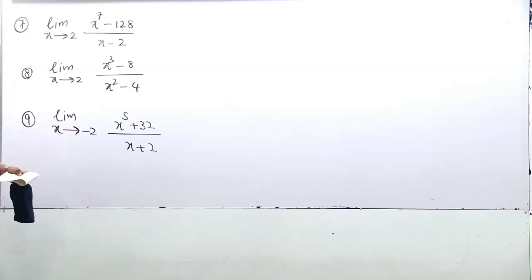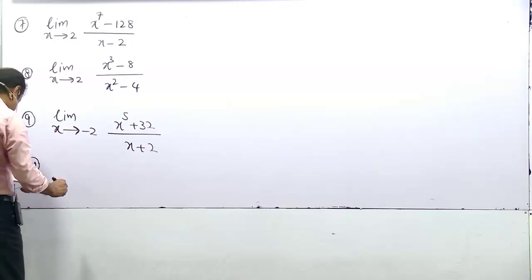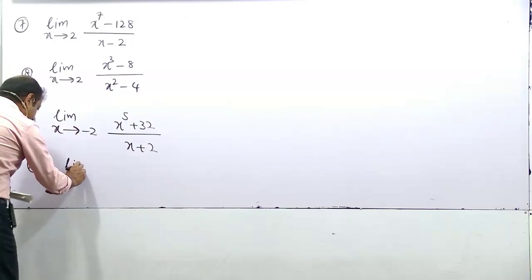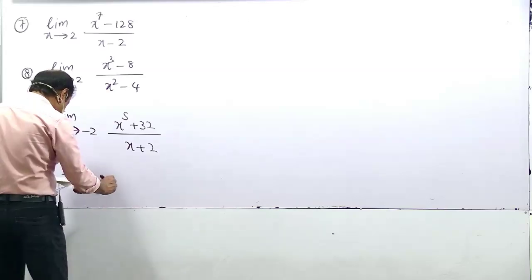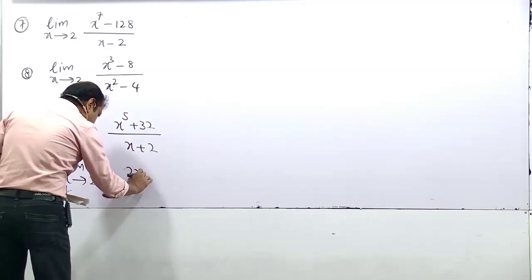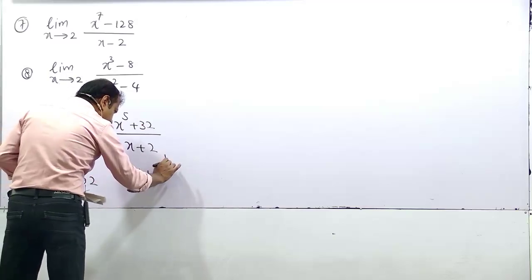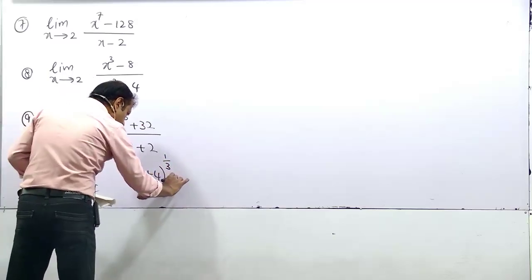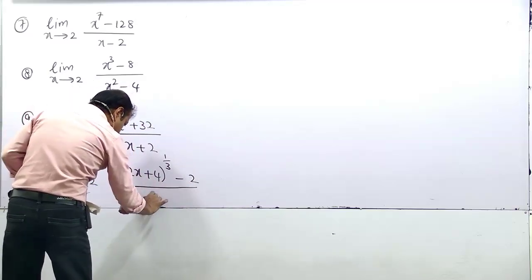Number 10. Limit x going to 2 of (2x plus 4) to the power 1/3 minus 2, divided by x minus 2.